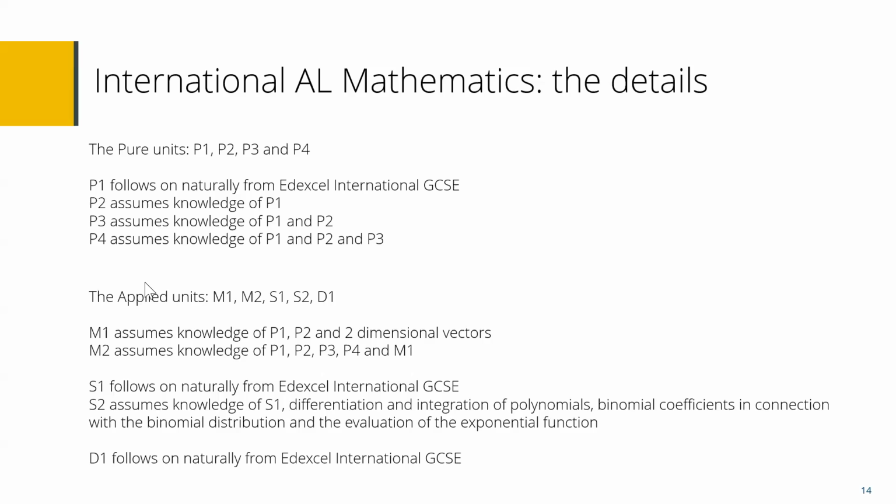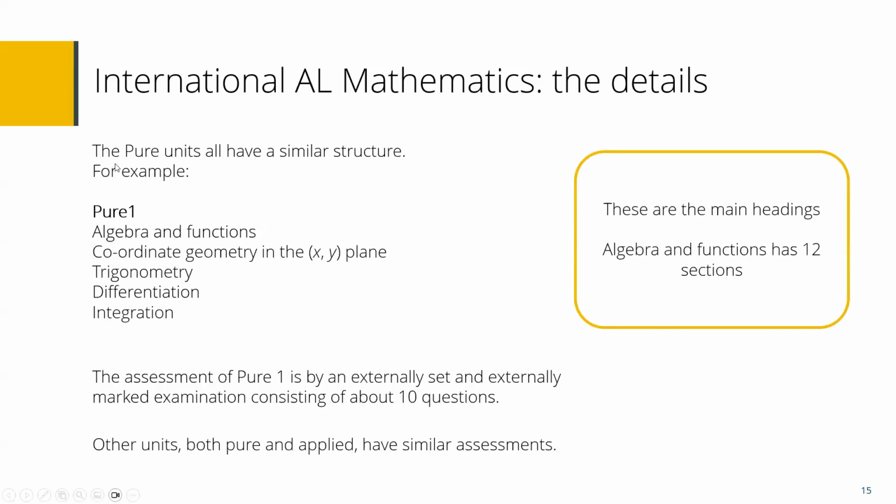And as we look at Pure 1 here, for example, there you can see some of the content outlined on the screen for Pure 1. It's worth then looking at the other modules as well by going into the specification where they're all outlined, and from there you can make the choices of how to do that.